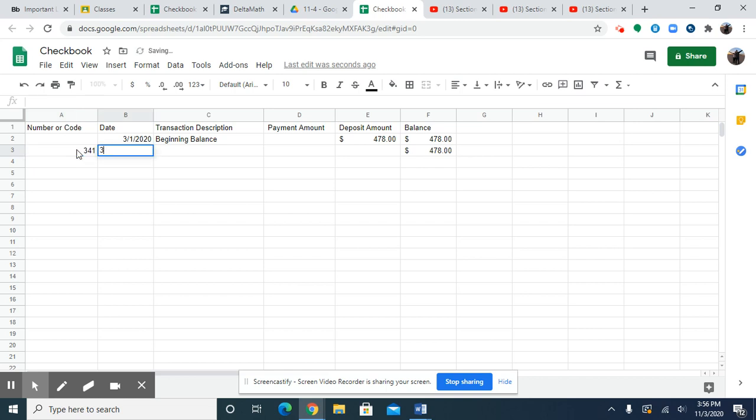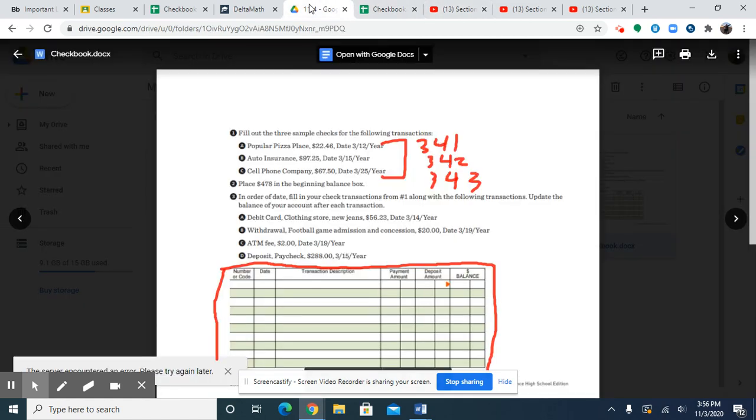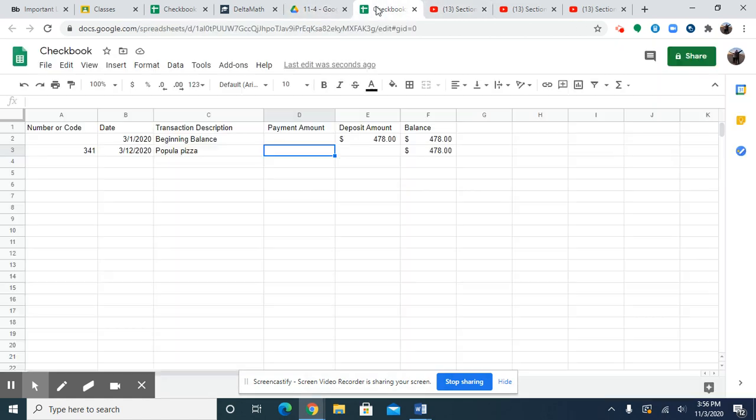We're going to put the date, which was the 12th. And we're going to say Popular Pizza as our description, just so we know what it is. Now we're going to put this under payment amount, and the payment was a total of $22.46. As you can see, the balance updated by itself.